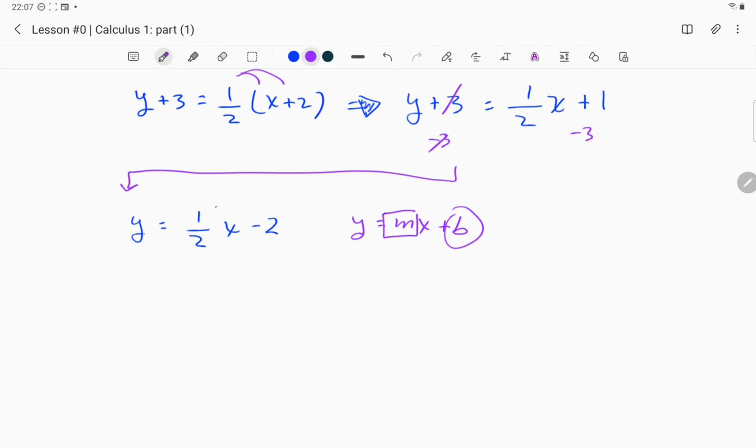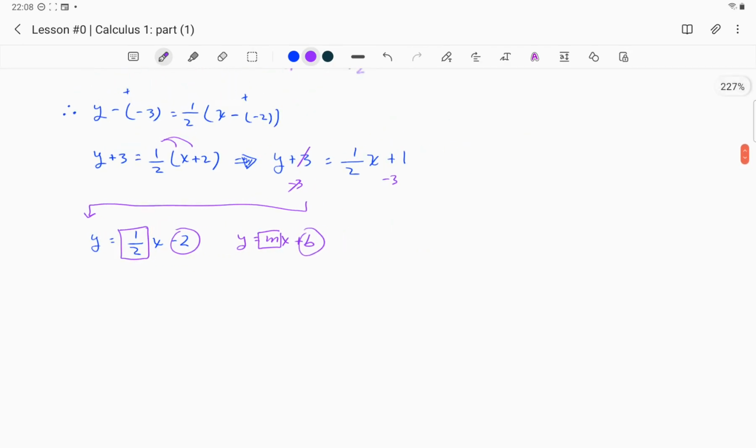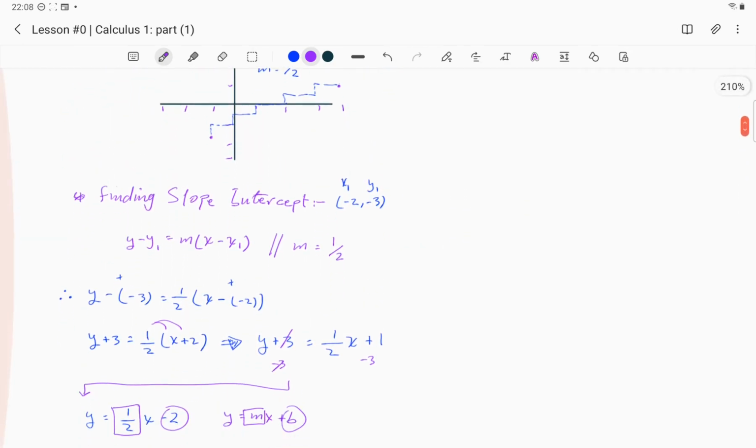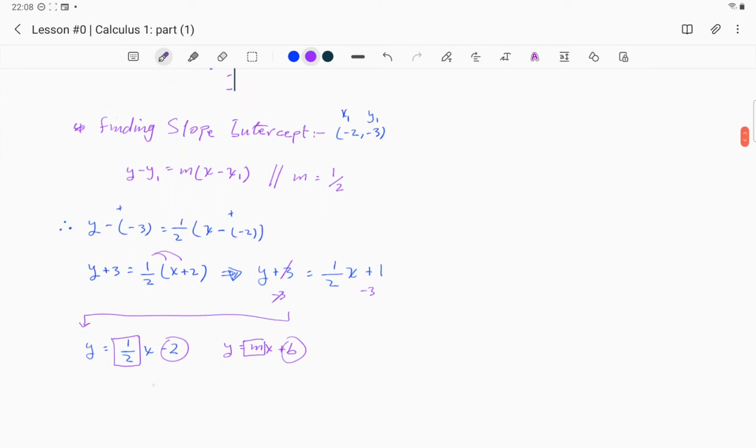So this is the slope, and this is the y-intercept, -2, with the negative sign, of course. First of all, this is basically finished. Now you're done with finding the slope intercept. You got that. This is the final answer for that.